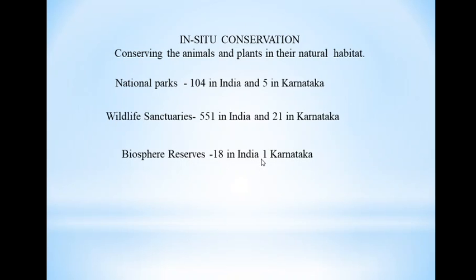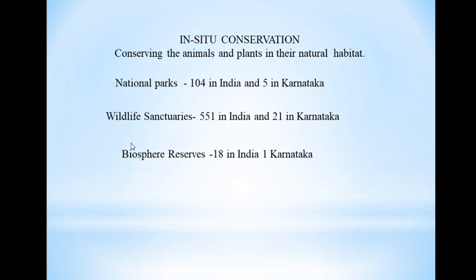In Karnataka we have only one biosphere reserve, that is the Nilgiri biosphere reserve, and three states share that area, that is Tamil Nadu, Karnataka, and Kerala, Wayanad and Nilgiri. Two national parks, Bandipur and Nagarhole, come within this Nilgiri biosphere reserve.